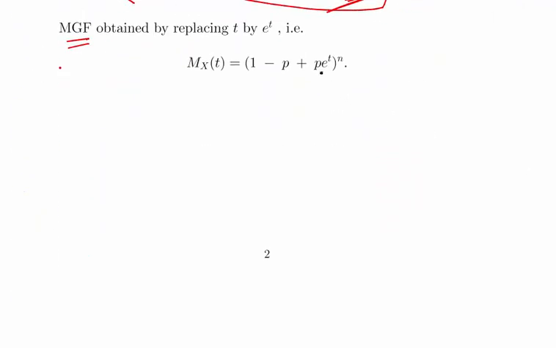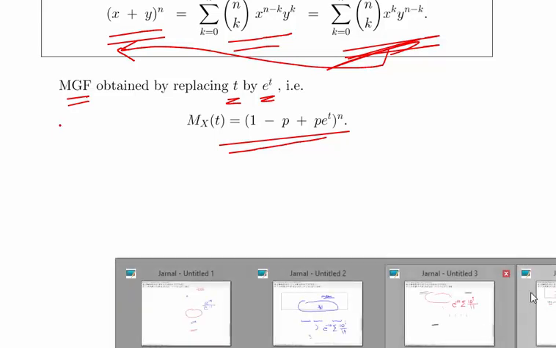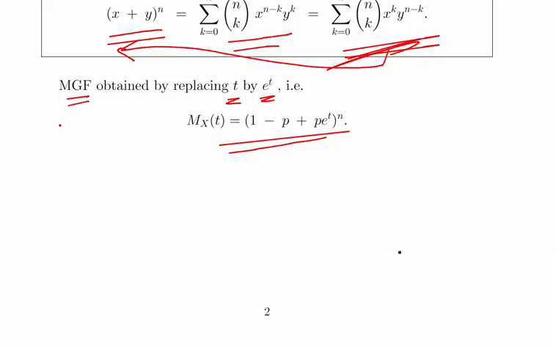So essentially what we can do is just replace t by e to the power of t, and that's the job done. That's a very straightforward substitution. So that is the binomial distribution and how to calculate the probability generating function and the moment generating function. We'll leave it there.